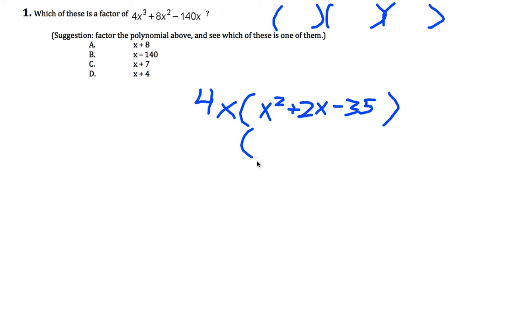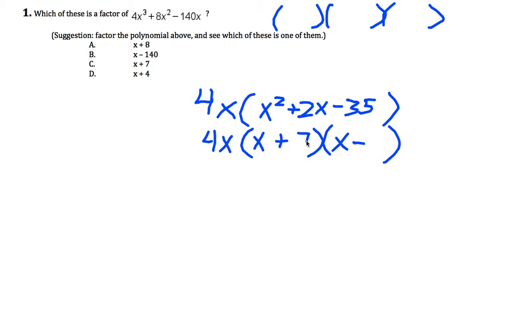And lo and behold, it turns out that this is something that we know how to factor by our standard factoring method. With no coefficient in the front, we know it's x and x. The second sign is negative, meaning that these 2 signs have to be opposites of each other. There's still the 4x out on the front. And if we can find 2 numbers that multiply to make 35, but subtract to make 2, we're golden.